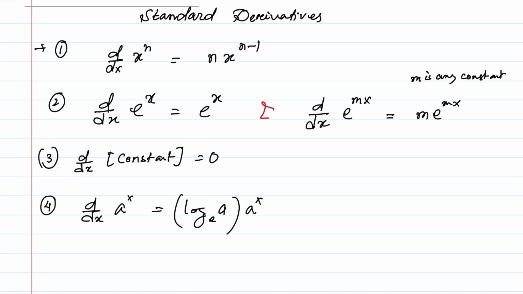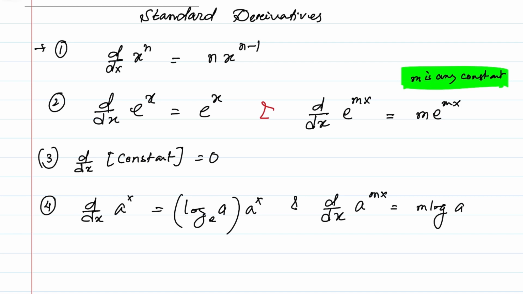And instead of this, suppose derivative of a to the power mx, where m is a constant, then what will be its result? Then it will be equal to m log of a, base is here e, into a to the power mx. Here a is greater than 0. Remember this, a is greater than 0.